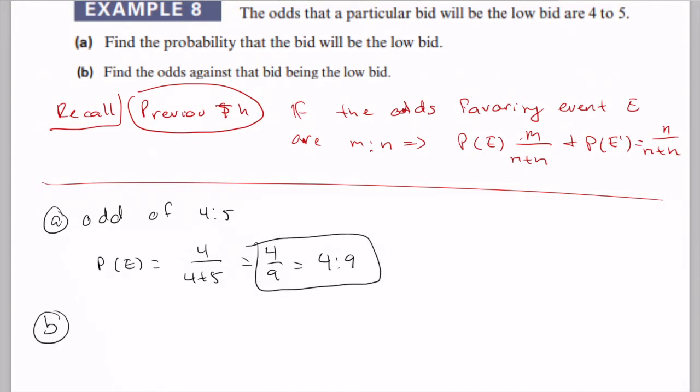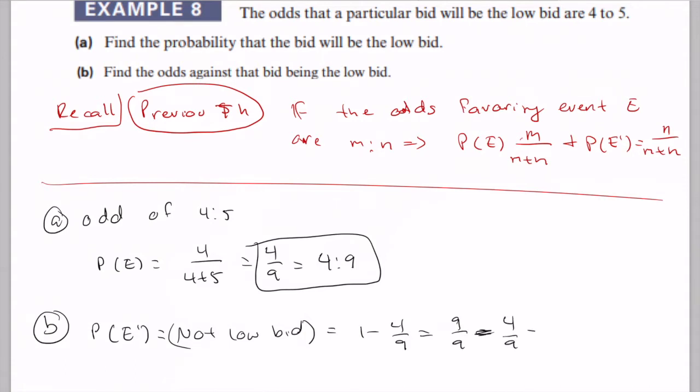Now B, find the odds against the bid being the low bid. So pretty much we're going to be doing the complement. So E equals not low bid. That's why we must do 1 minus 4 over 9. That's going to give me 9 over 9 minus 4 over 9, which equals 5 over 9.